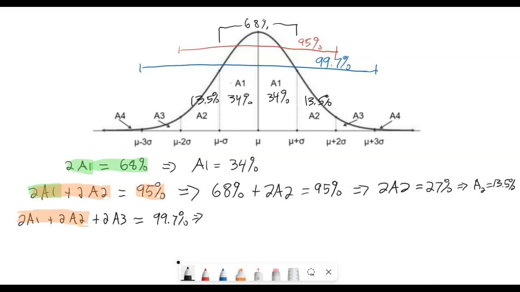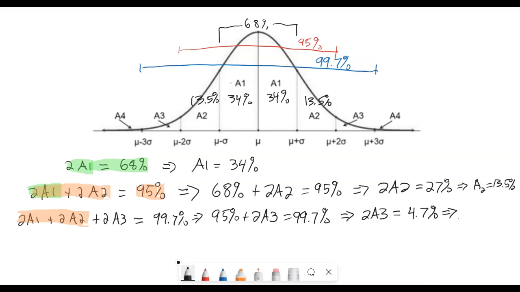So we can do a similar substitution, and then we need to subtract. I can do that one in my head, but we'll verify all this in a second. 99.7 minus 95 is 4.7%.